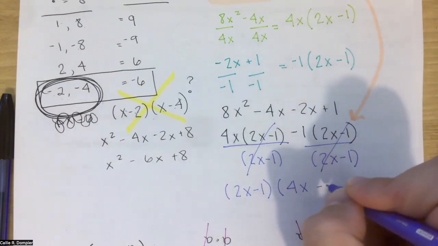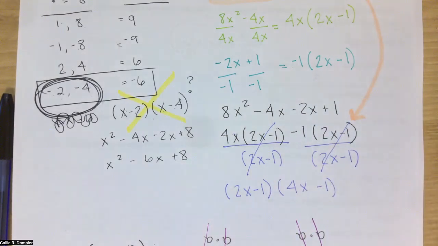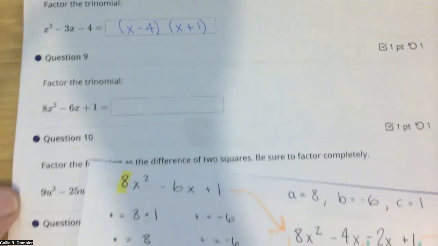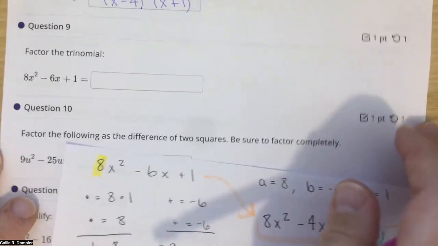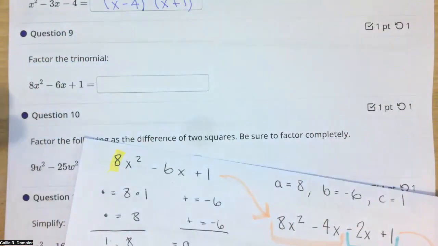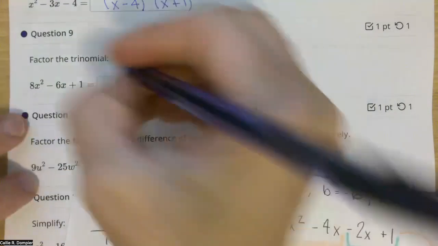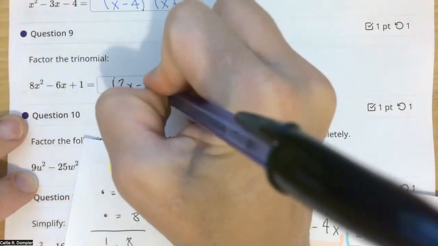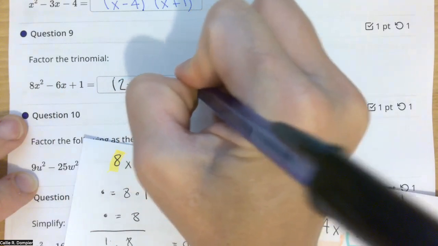When I factor that out, I get -1. 2x minus 1 times 4x minus 1 is our final answer. We'll put it right up there: 2x minus 1, 4x minus 1.